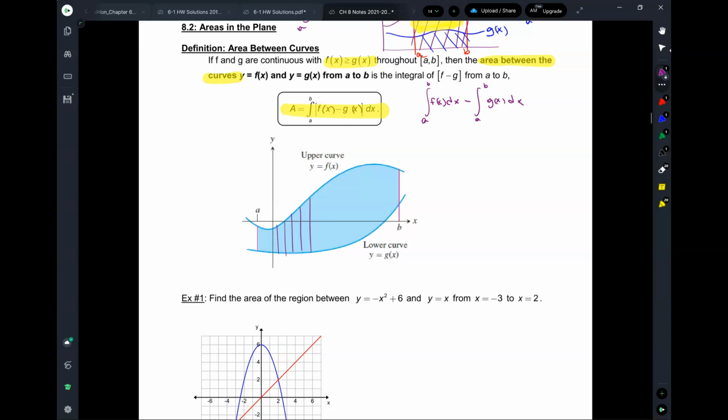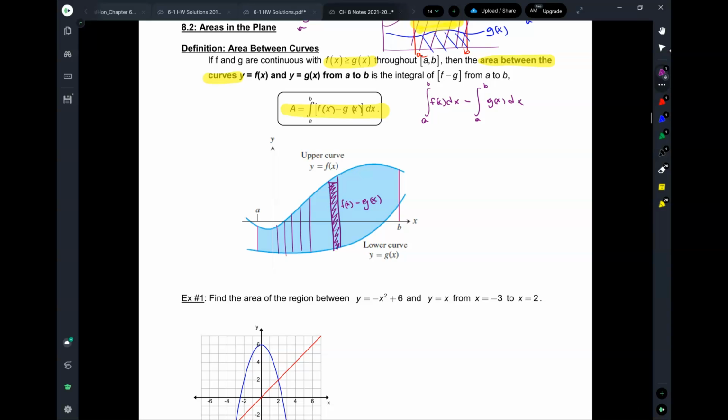Okay? Now, if I take one representative rectangle here, LRAM, RRAM, it doesn't matter, that one rectangle, what is the width of this? It's the change in x, right? That's the base. What is the height of this though? The height is f of x minus g of x, right?